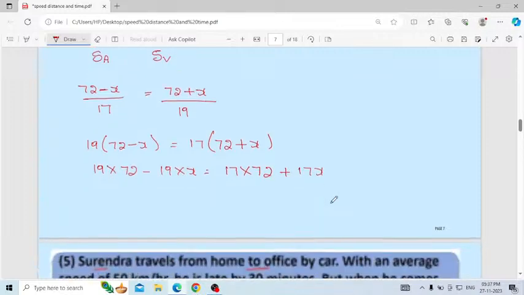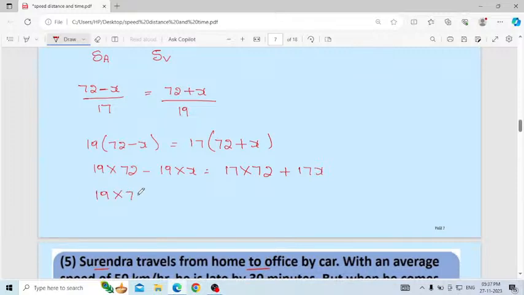Take the common terms to one side: 19 into 72 minus 17 into 72 equals 17x plus 19x. Take 72 as common, 19 minus 17, equals 36x.